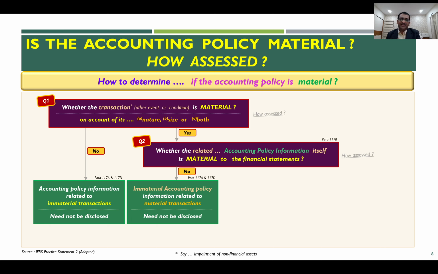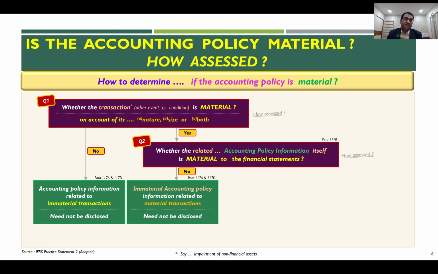If you relate the difference between the two green boxes at the bottom, in the first case, the left hand side green box, accounting policy information was for immaterial transactions, whereas in the second one, transactions are material, but the accounting policy information is not material. In both circumstances, the amended IAS 1 or Ind-AS 1 says you need not disclose accounting policy for such transactions.